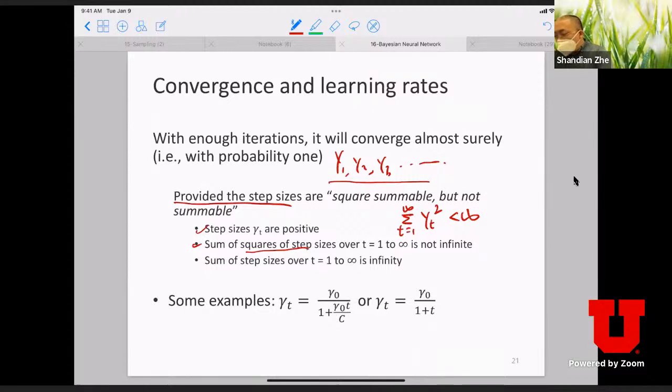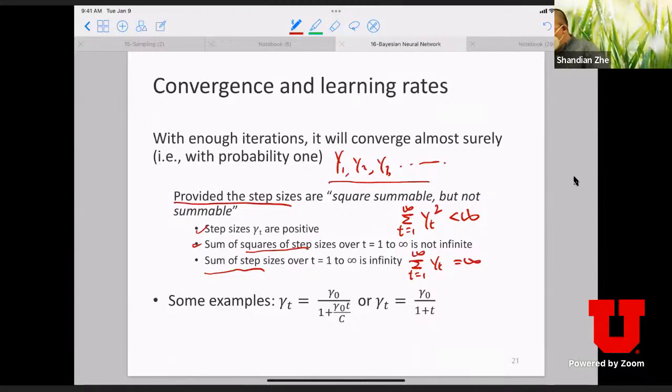This is called square summable, right? And then the third condition is called not summable. What does it mean? If you directly sum over the step sizes from 1 to infinite steps, it will diverge. So basically this is not bounded. This is just infinity.